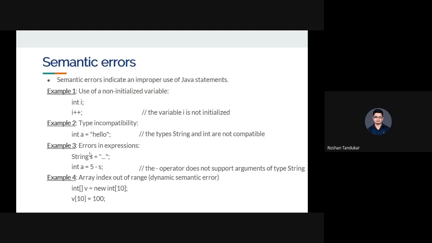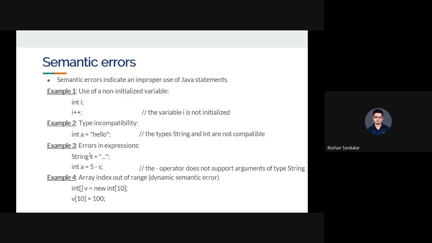Because the syntax is correct and the meaning is also correct. b[10] means 10 is the index, that is an integer index, and b is the array. Then it looks fine. But the problem is, at runtime, it will search for index 10, but it will find the indexes from 0 to 9 only. 10 will not be found over there. Then it will give an error during runtime, at the time of execution.